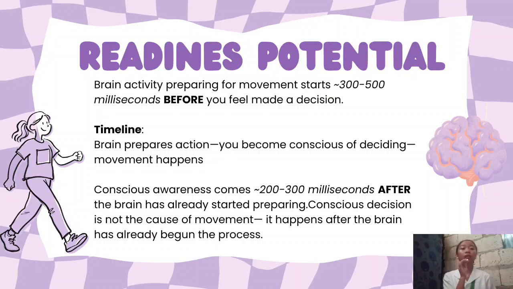This means that conscious awareness comes 200 to 300 milliseconds after the brain has already started preparing. This tells us that conscious decision is not the cause of movement. It happens after the brain has already begun the process. It's not that you don't have free will, it just means your brain begins working on it before you are aware of it.